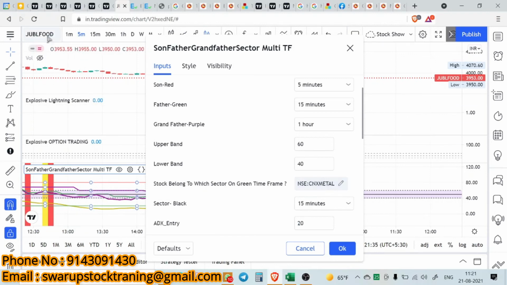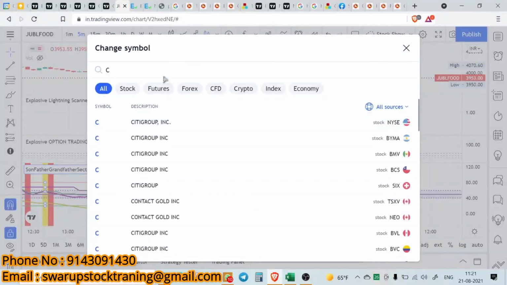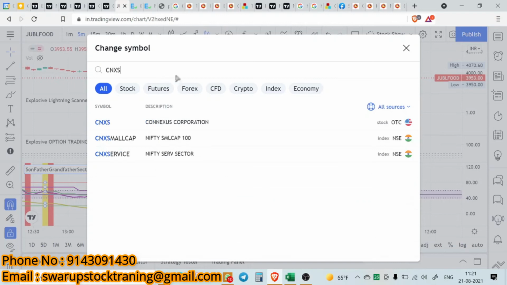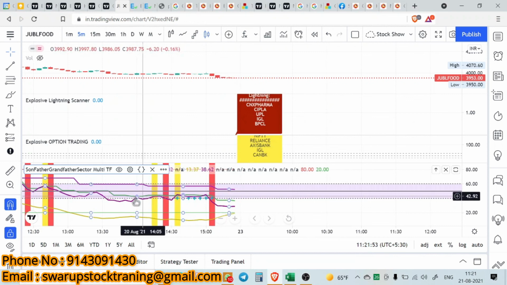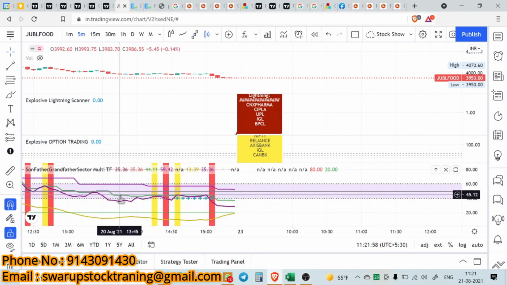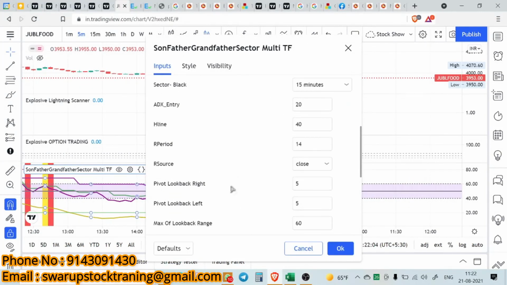While you are trading in Jubilant Food, you might like to see my FMCG or service sector, let's say the service sector. If I click CNX service sector, then you will get the CNX service sector RSI, so that you can always keep drawing and keep the things which you require.